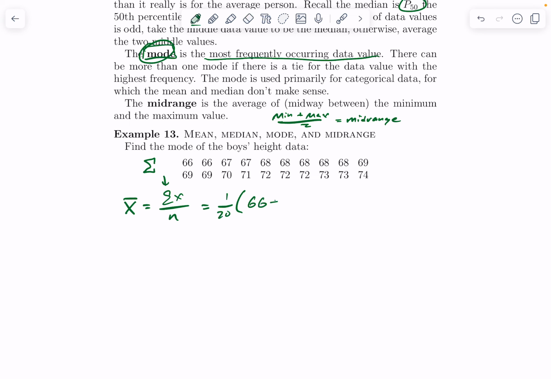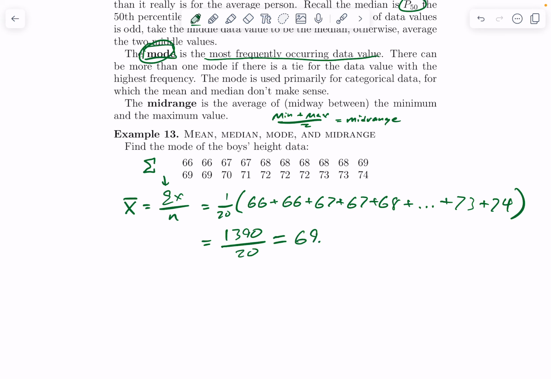So that would be 66 plus 66 plus 67 plus 67 plus 68 plus all the way to plus 73 plus 74. And if I do all that, I end up getting 1390, if I'm not mistaken, over 20, which equals 69.5. So that right there is my mean.